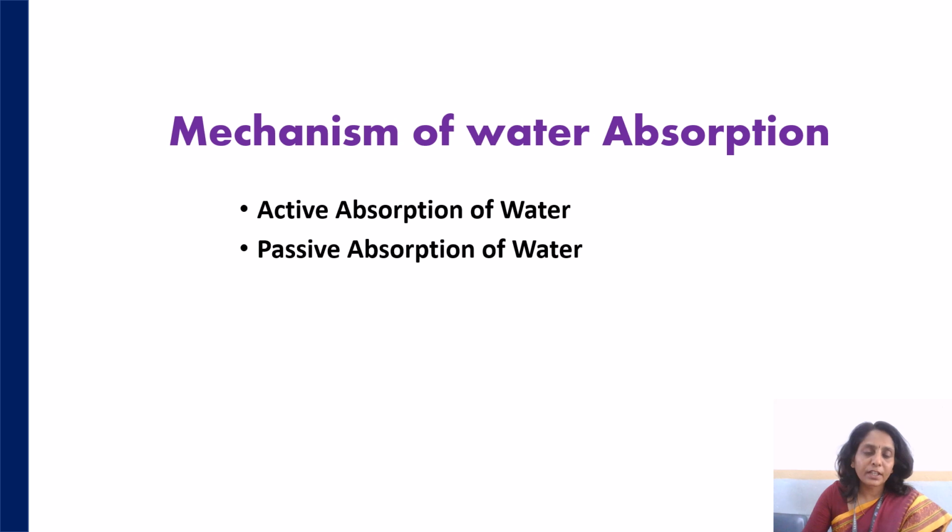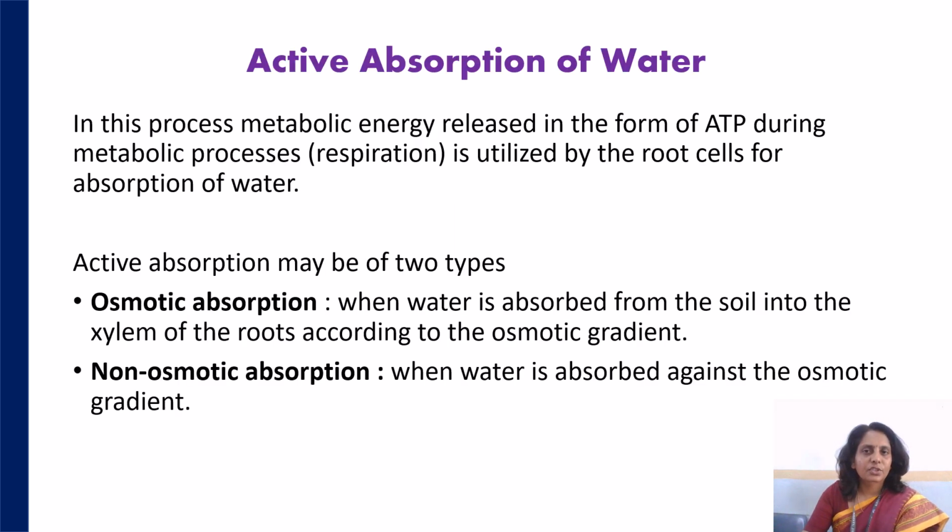Let us now look into the mechanism of water absorption. There are two ways in which water can be absorbed. One is called the active absorption, and the other is called the passive absorption. Let us talk about the active absorption of water.